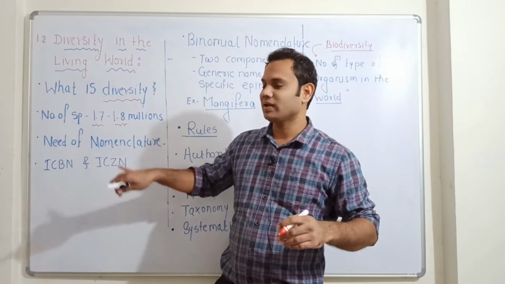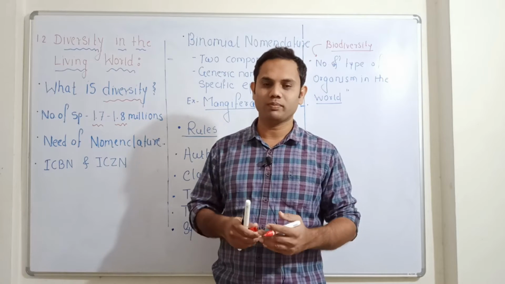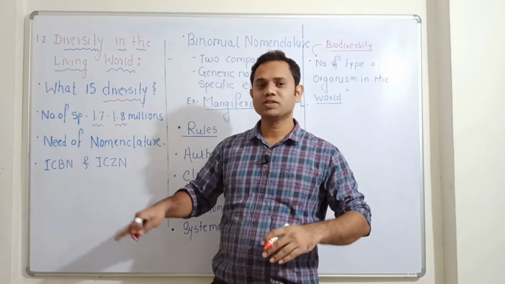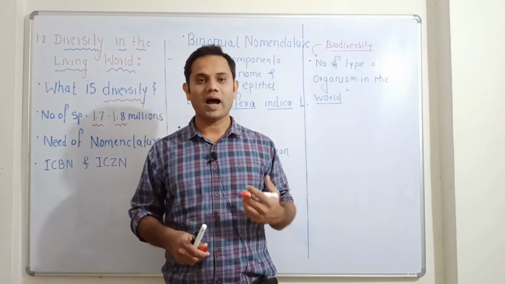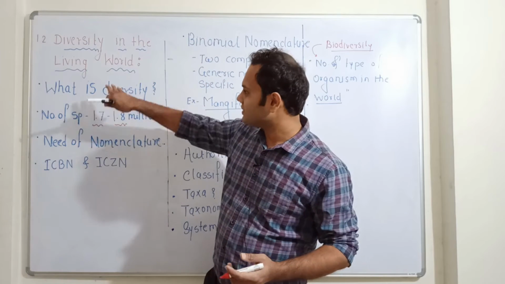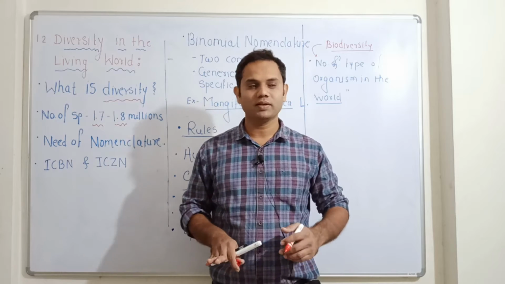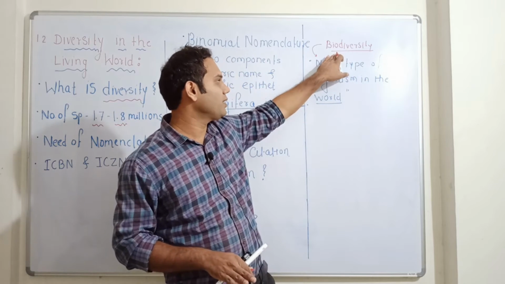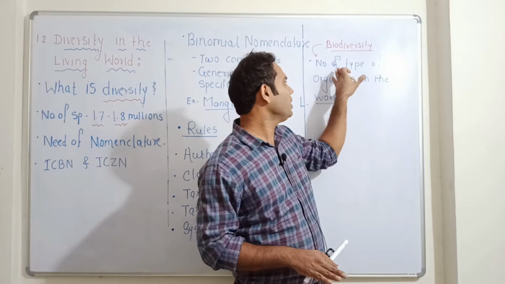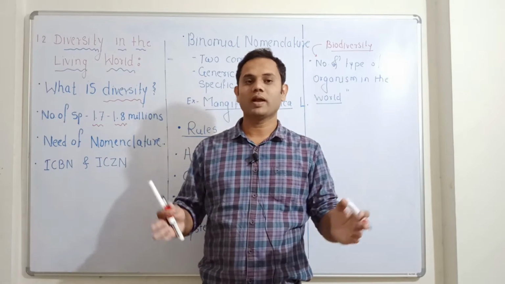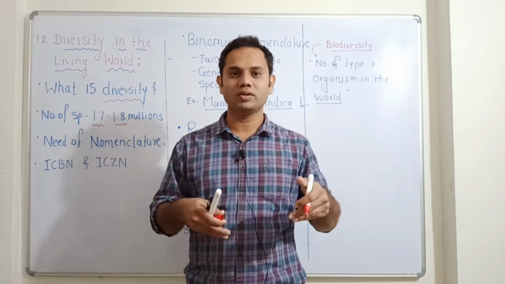Obviously it is not an exact figure, it is approximate, but the number is quite huge. That is the diversity, or in particular biodiversity, the number and type of different organisms which exist on this earth.